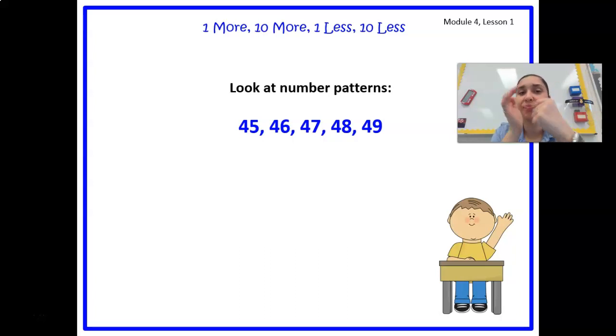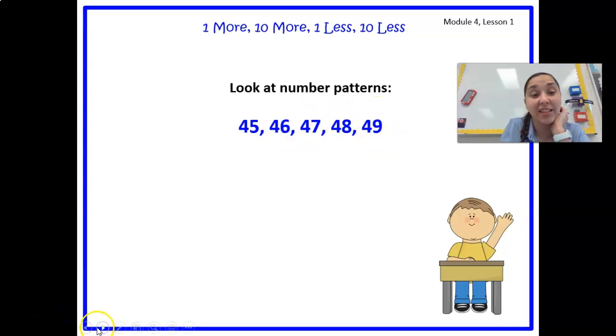Get ready. Yes, it's 1 more. The way you realize it's 1 more is that the tens place is not changing, only the ones place is increasing by 1 more: 5, 6, 7, 8, and 9.